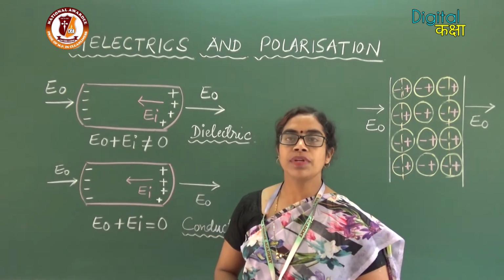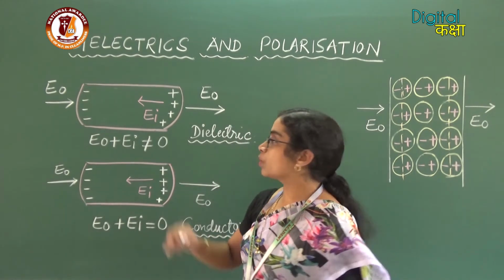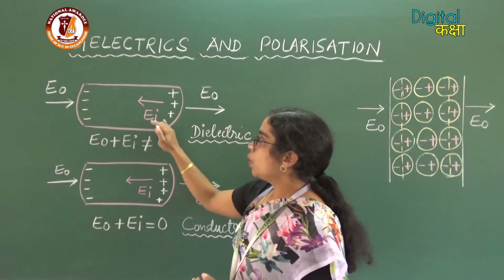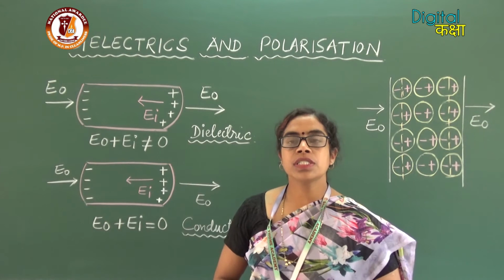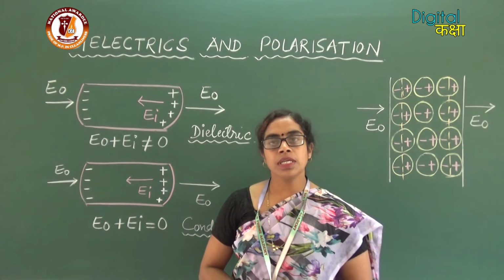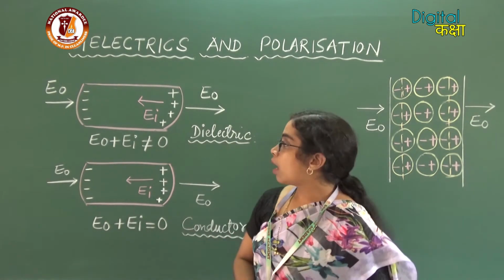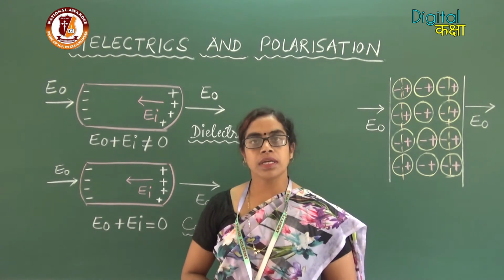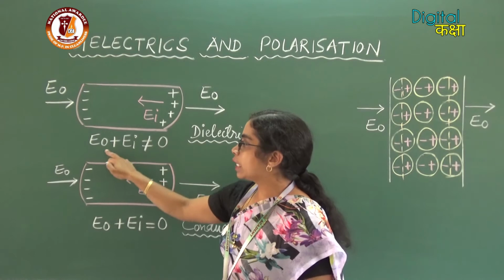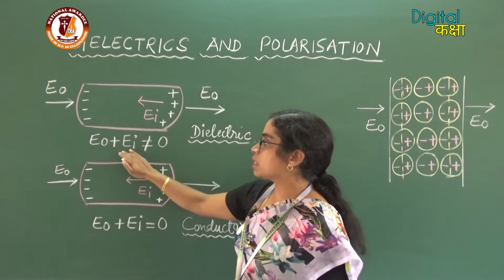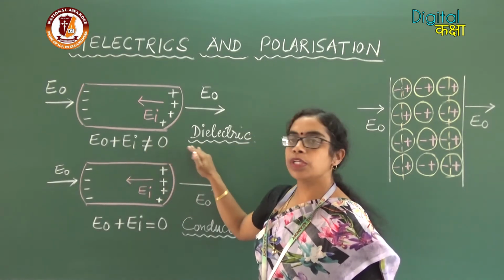Since the direction of the electric field is from positive to negative charge, it is clear in the figure that the directions of the two electric fields E0 and EI are opposite to each other. But the sum of the electric fields, that is E0 plus EI, is not equal to 0.